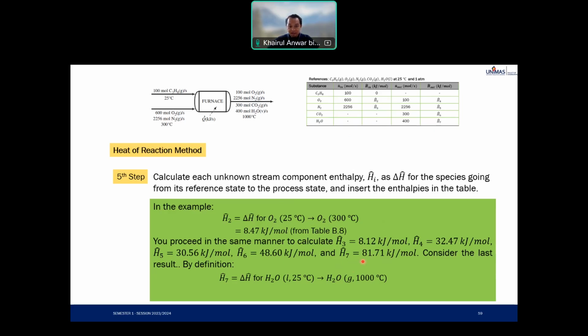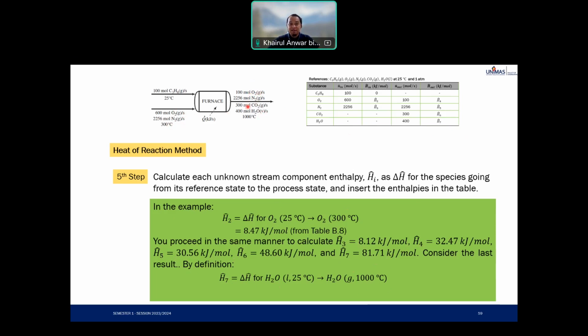H7 is at 1.71 kilojoules. Consider the last result by definition of H7. This is the calculation for H7. For H7, there are phase changes here. H3, H4, H5, H6 are all in gas, gas in, gas out.